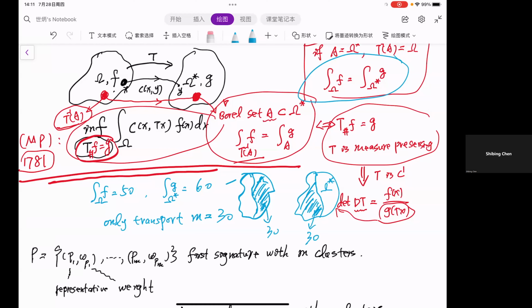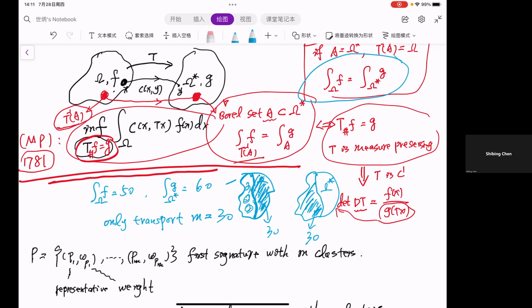But in analysis, we are interested in how to prove the existence of a solution. Is the solution unique? Some natural questions also include, for example, there will be some hypersurface separating the mass participating in the transportation and the mass not used.